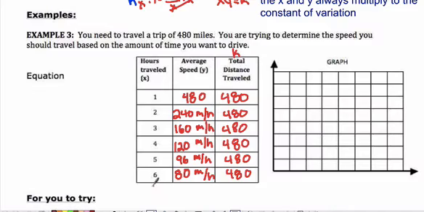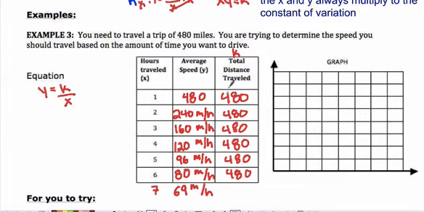Just to continue this, just to make a point: if I drove for 7 hours, I would be going approximately 69 miles per hour. So this trip, where I have to drive 480 miles, is probably going to take me 7 hours. Okay, so what's this equation going to look like? Remember that our equation is y equals k over x.